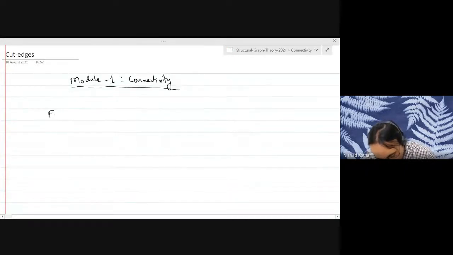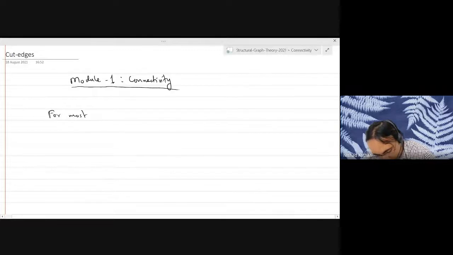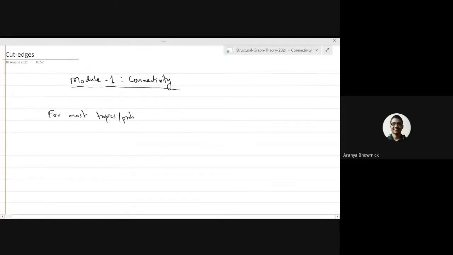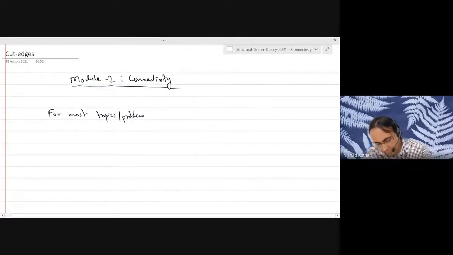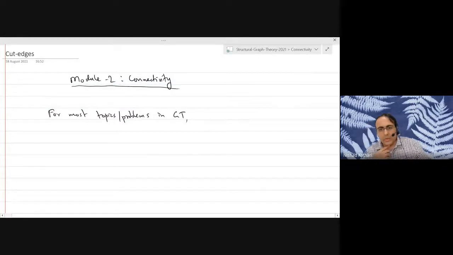So as you have noticed already in some assignment problems and some discussions during our lectures, for many topics and problems in graph theory, you can restrict yourself to connected graphs, right?